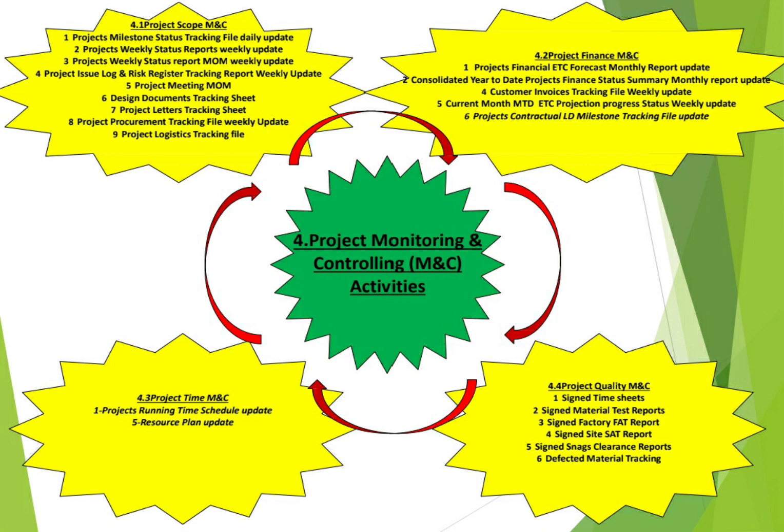So as we can see here in 4.1, project scope monitoring and controlling, how to do this, what reports you need to generate. So we have the project's milestone status tracking file, daily update. As I mentioned before, there should be one list having all the projects with the main milestones which all projects are passing by: design phase, procurement phase, manufacturing phase, factory acceptance test, site testing and commissioning, and so on.